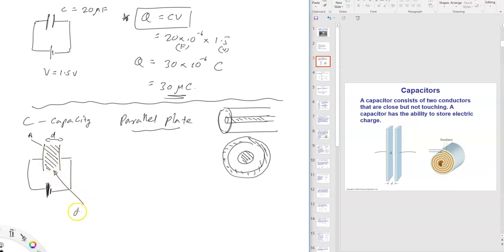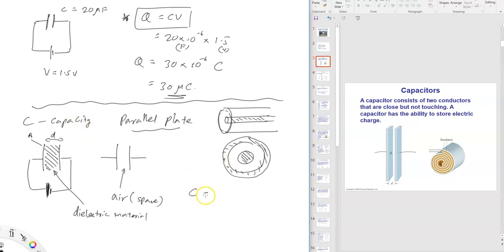This is called the dielectric material. In some capacitors, the one that we're going to discuss first, it's empty. So the dielectric material, what's inside is air, right? Or you can say just space, free space. If we don't put anything in between, it's an air-filled capacitor, or the material inside is just space.